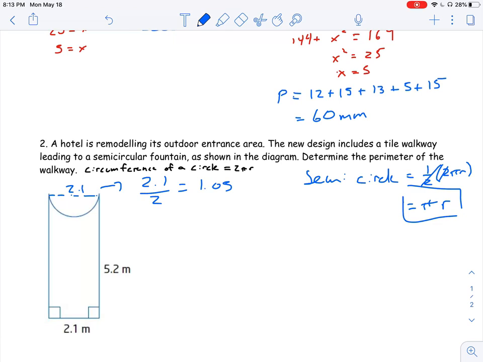So that would be my R value. So now when I plug it into pi r, 1.05, I end up getting 3.3 meters. So now I have the circumference of a semicircle is 3.3.